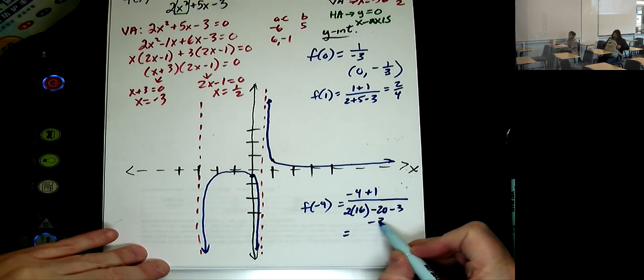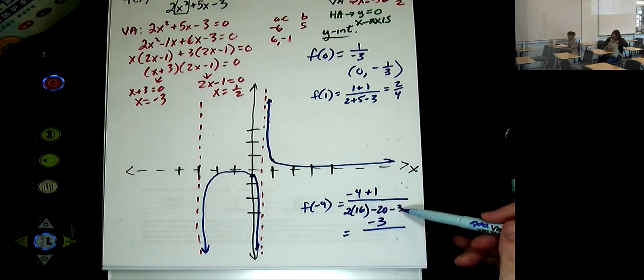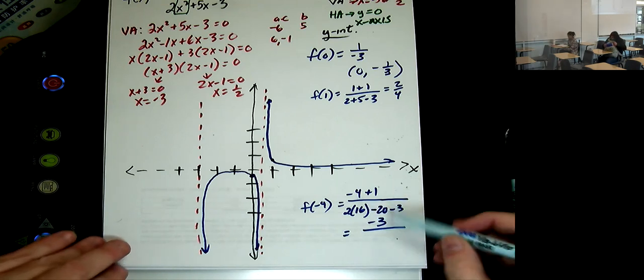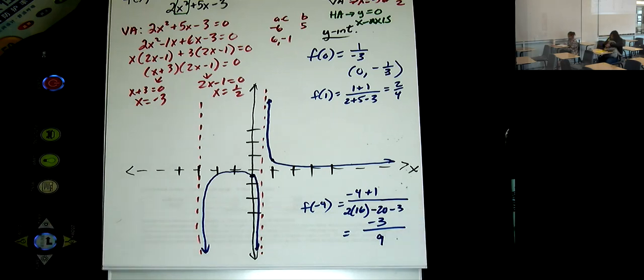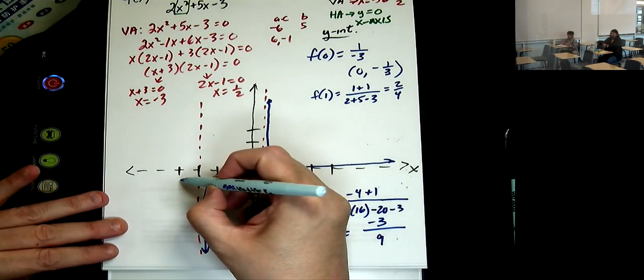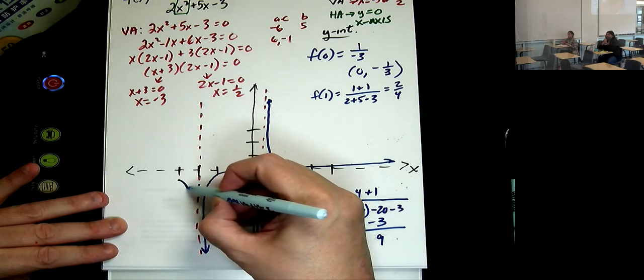This is -3 over 32 minus 23 is 9. Did I do that right? This looks like it's negative. So it's got to be doing this.